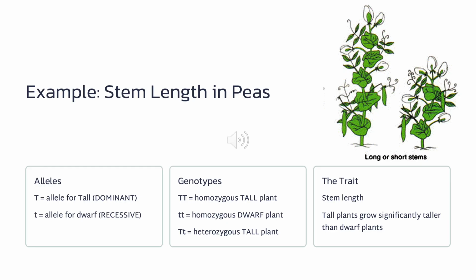From this you can predict back the genotype for the tall plant and the genotype for the dwarf plant, and from there you can predict the allele. You can assume the allele that represents each of the gametes for that particular genotype.